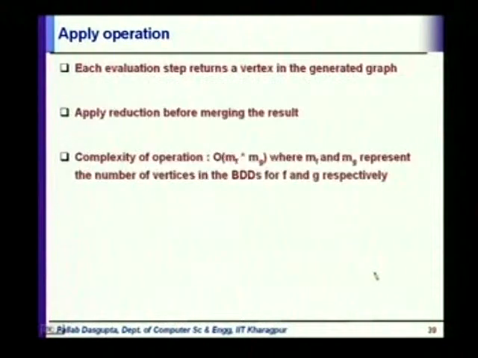Now while we are doing this apply operation, it is very important to apply reduction every time. See, a BDD can blow up considerably if you do not apply the reduction. You remember we studied 3 different reduction rules in the last class. So while the BDD is being constructed, the reduction rules are applied to keep the BDD contained.